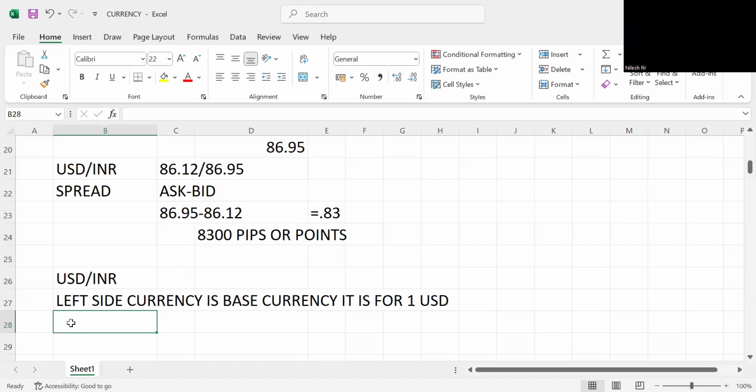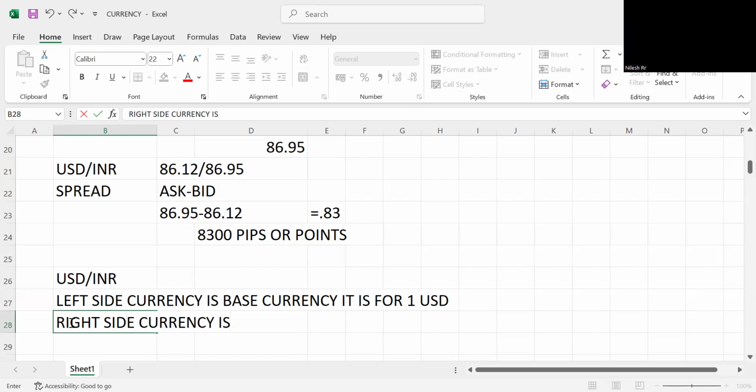So the right hand side currency will always be considered the variable currency, because the right side will always keep on varying. Variable currencies always keep on fluctuating because it is market operated and it will fluctuate as per market demand and supply.